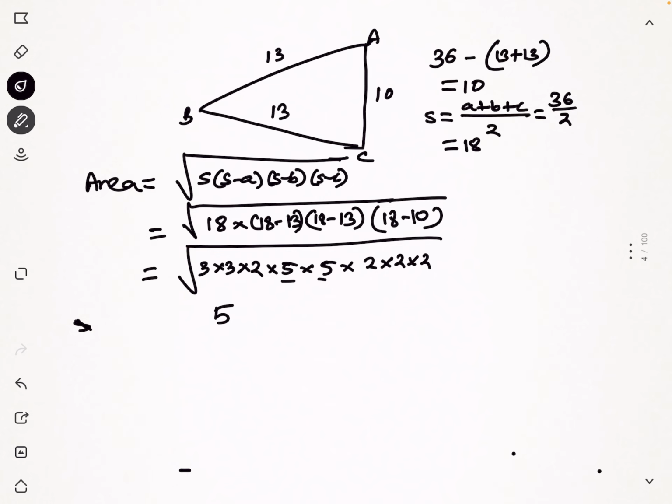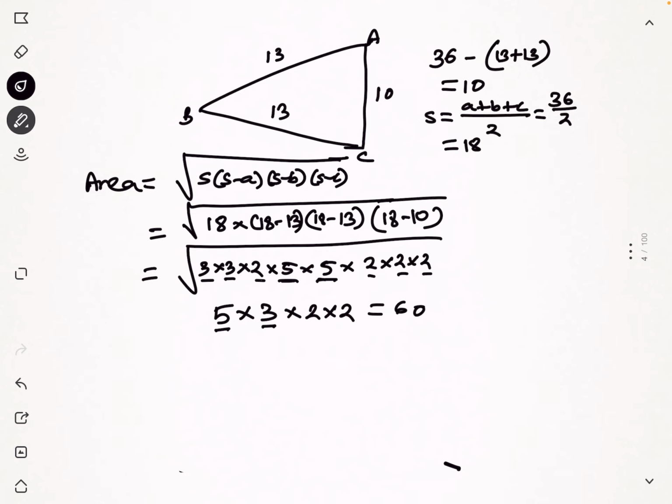So we have 2 3s, we can take out 1 3, and then we have 4 2s, we can take out 2 2s. We are taking it out of the square root, so it will be halved. So out of these 2 5s, I have taken 1 5. Out of these 2 3s, I have taken 1 3. Out of these 4 2s, I have taken 2 2s. So the answer will be 60.